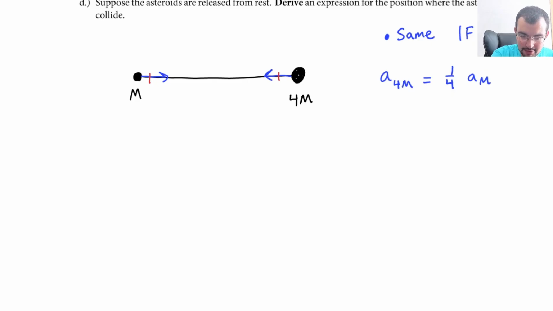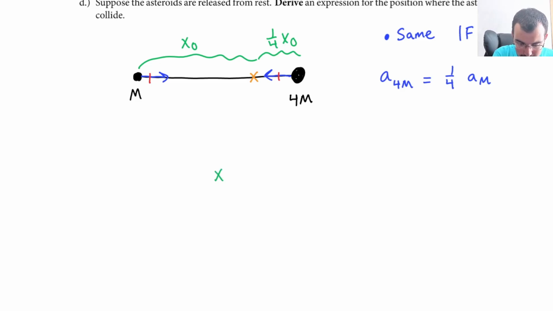So we know that the crash site is going to be somewhere much closer to the 4m. And actually, we can work it out directly because we know that this m will travel a distance. If this mass travels a distance x0, the 4m has only traveled a quarter of that, right? Because quadrupling the mass quarters the acceleration.